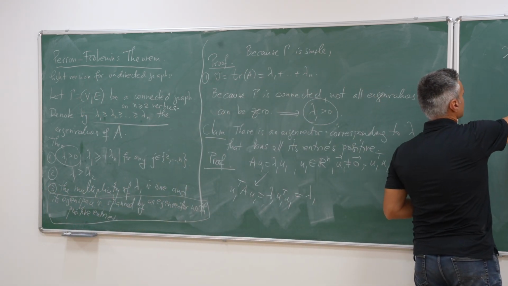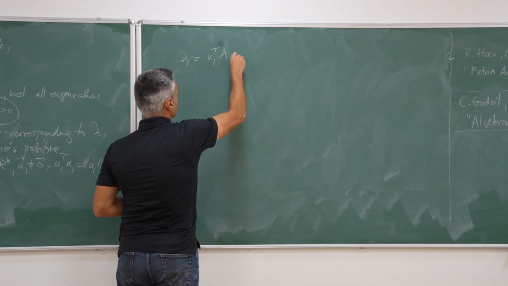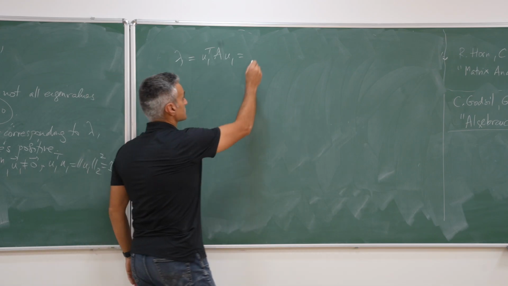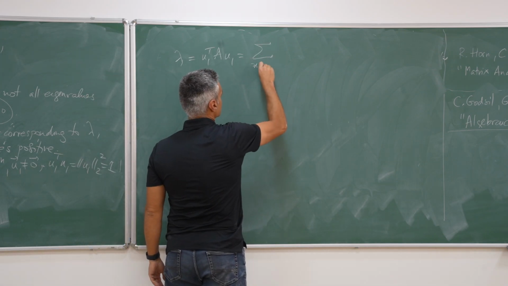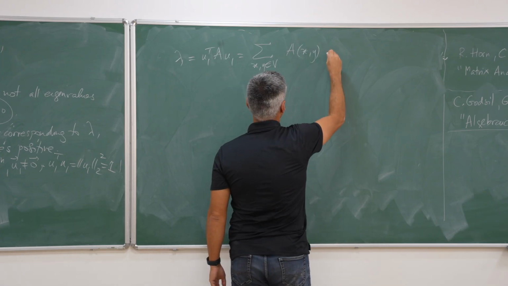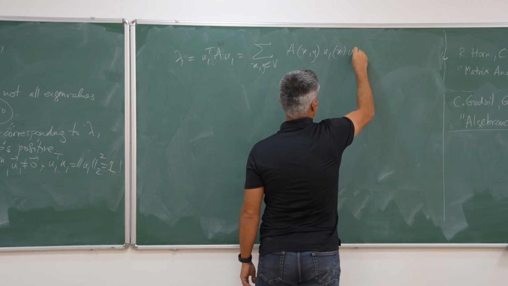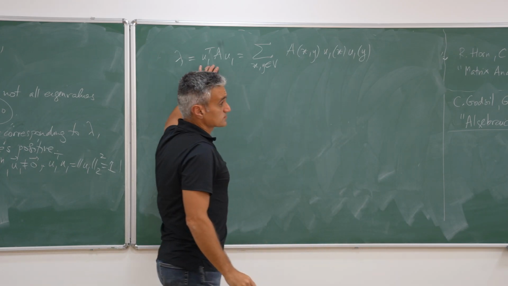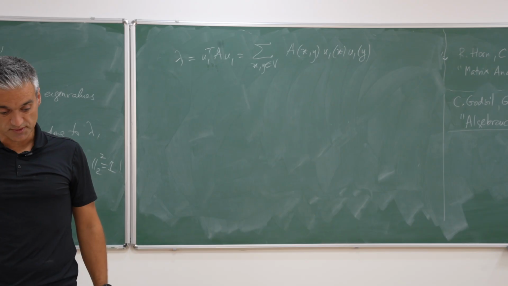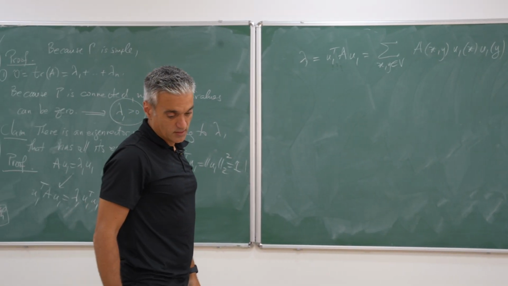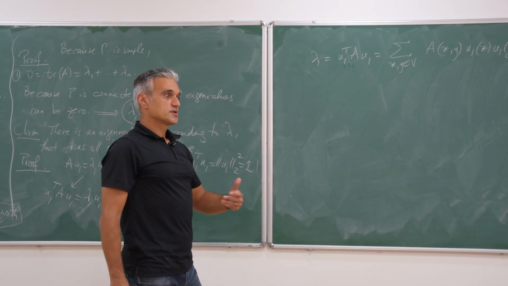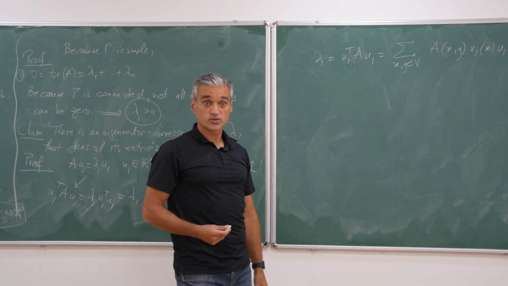So lambda 1 is going to be u1 transpose A u1, and you can expand this: it is a summation over x, y in V of A(x,y) u1(x) times u1(y). So this is an example of this Rayleigh quotient of a matrix associated to some vector. Now, what I want is, I just picked one eigenvector, and I want to make an eigenvector that has all the entries positive.